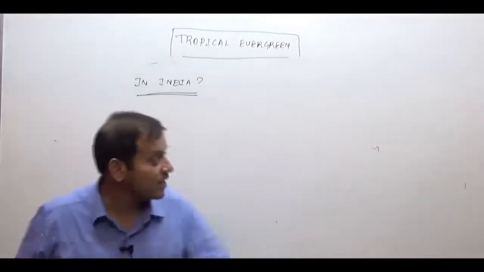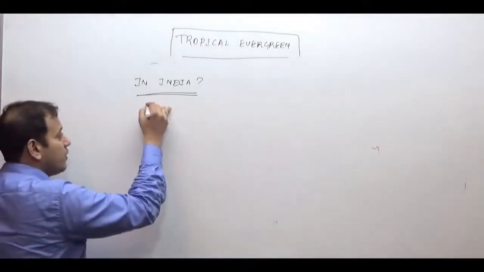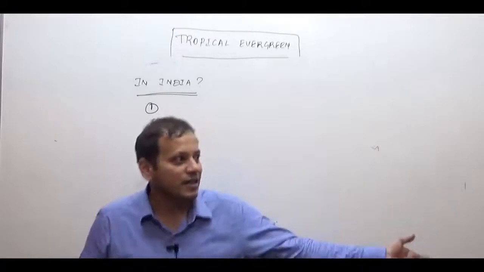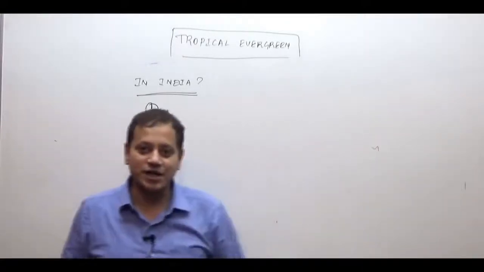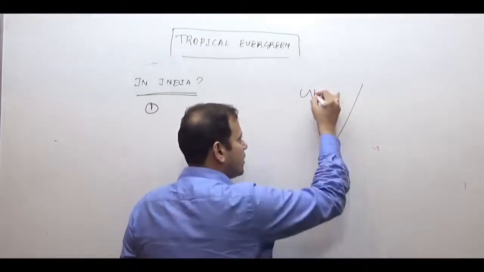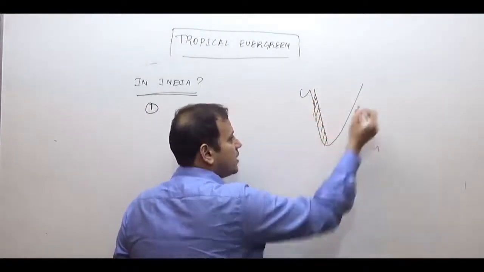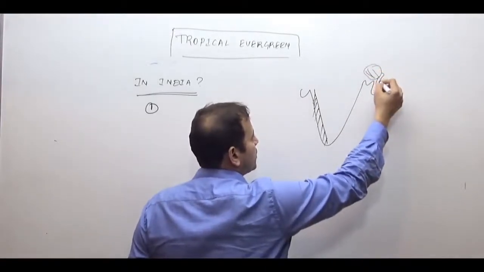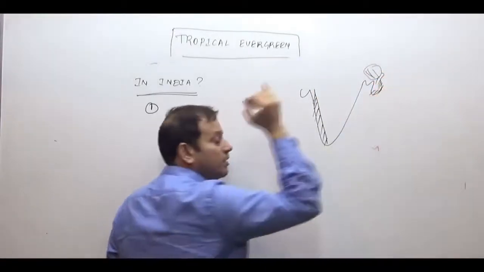So in India, these forests are found on the Western Ghat region. But which side of the Western Ghat? Eastern side or western side? Which area receives very heavy rainfall in India? The western side of the Western Ghats and northeast India, especially Arunachal Pradesh, Manipur, Mizoram, Tripura.